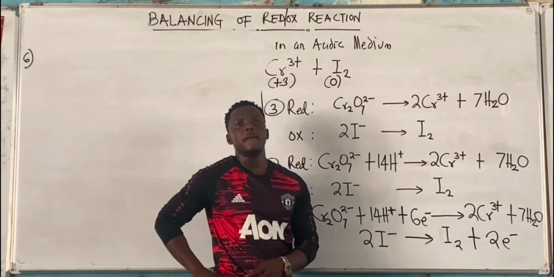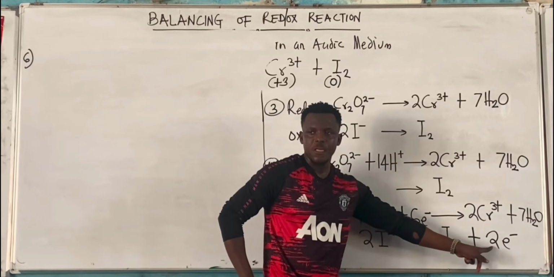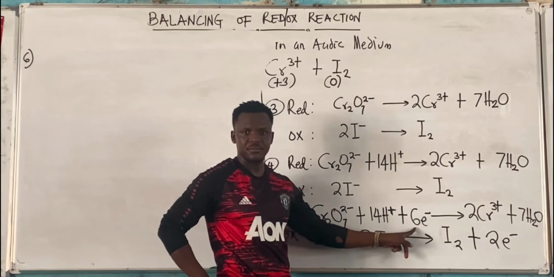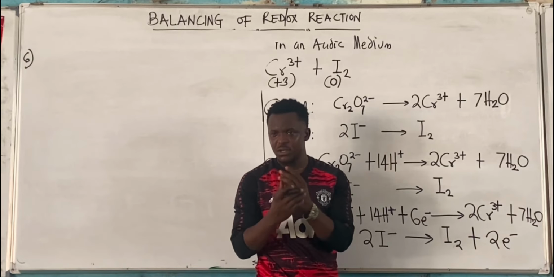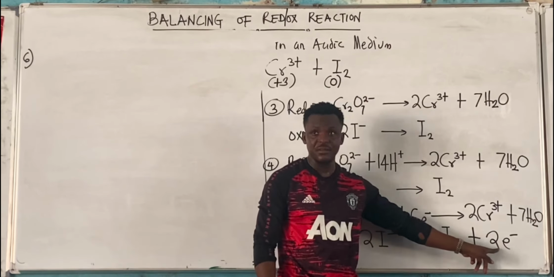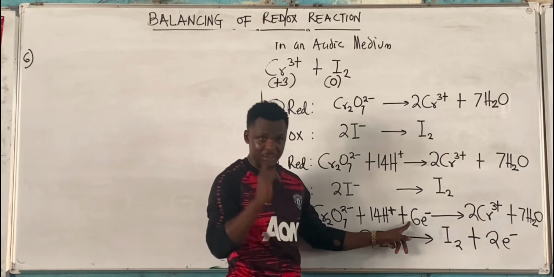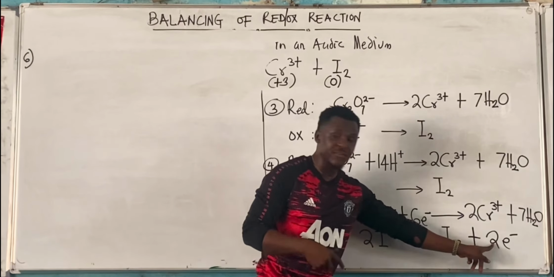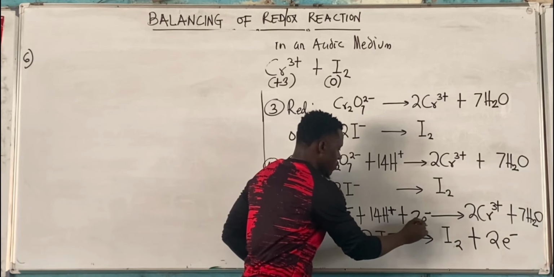Now ask yourself, what can I multiply with the smaller value to equate it to the bigger one? Here is 6 and here is 6. So I'll multiply this here by 3, I'll multiply this here by 1. So that 3 times 2 will give us what? 6. But what if this place here is 3?